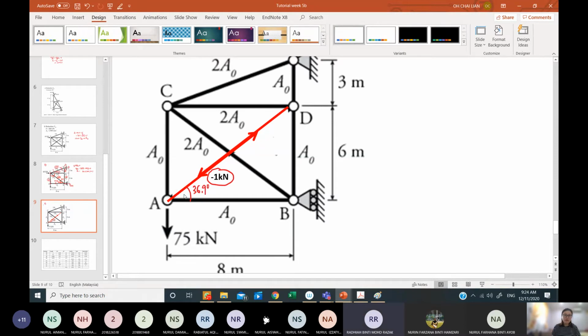So now you can resolve this into horizontal by multiplying with cos theta and vertical with sine theta.